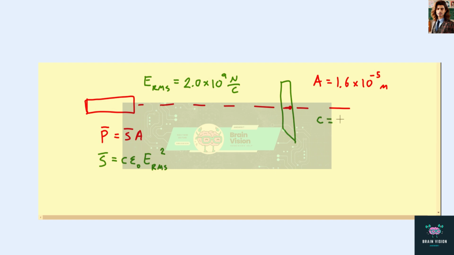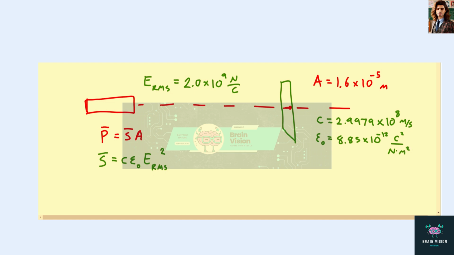Those are just constants. C, speed of light, 2.9979 times 10 to the 8 meters per second. And epsilon naught, the vacuum permittivity, 8.85 times 10 to the minus 12, and that's in units of coulomb squared per Newton meter squared.